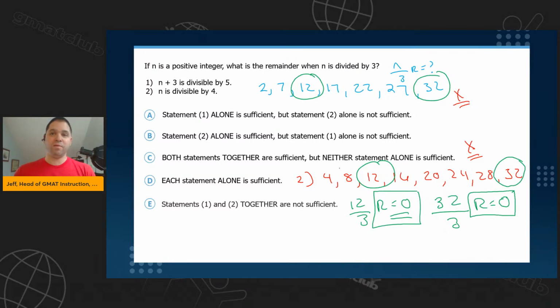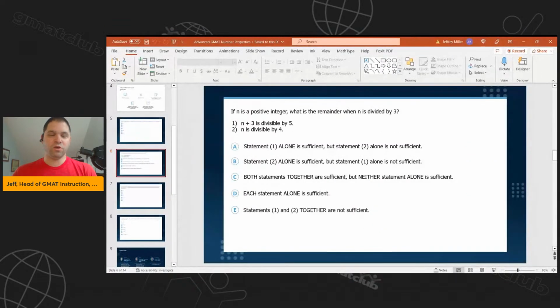You've got to be incredibly systematic with your list, and then you pull out what matches. Once you get two things that sync up like this, 12 and 32, it's pretty much a sure shot that you have a pattern in place, and you're always going to get that remainder of 0. So that is why the answer is C.